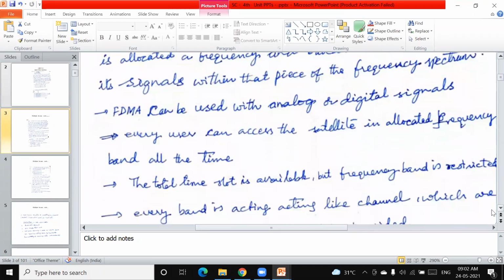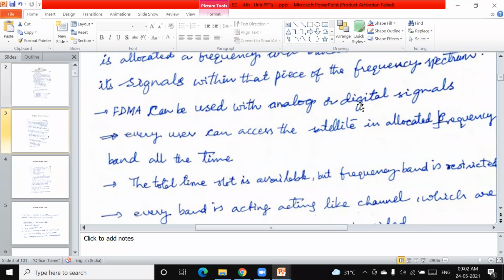Now, FDMA, frequency division multiple access, can be used with analog and digital signals. For both digital signal transmission and analog signal transmission, FDMA can be useful.